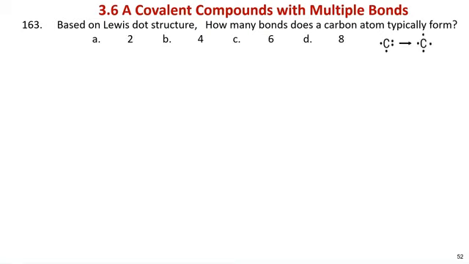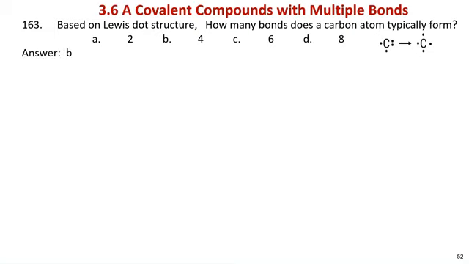How do you get that from the Lewis dot structure? Carbon has this dot structure. When you're making bonds, when you have four electrons shared, they become single electrons. Therefore, carbon forms four bonds.